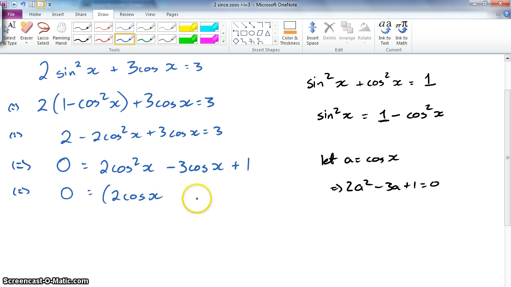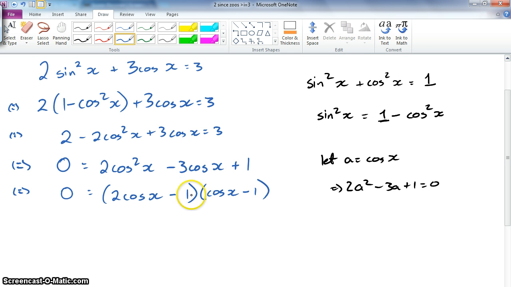That's 2 cosine x minus 1 and cosine x minus 1. Check your expansion: negative 1 will give me the positive 1. 2 cosine x multiplied by cosine x gives me 2 cosine squared. Doing the outer and the inner terms, negative 2 cosine x minus another one, negative 3. I know I've got it right.